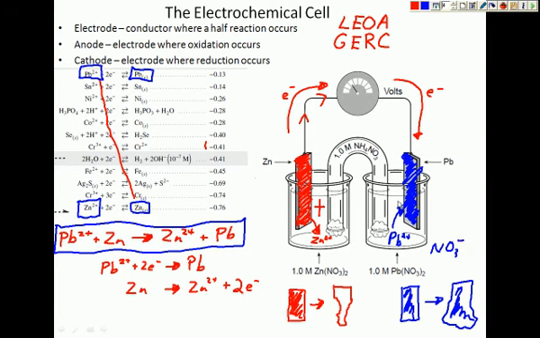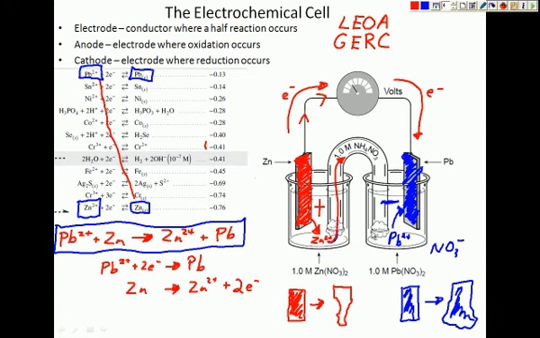This solution is becoming quite negative. Now, what happens is this positive Zn2+ is attracted to this negative solution, and it moves, maybe I'll do it in red, into this tube right here, and it starts to move towards this negative solution.